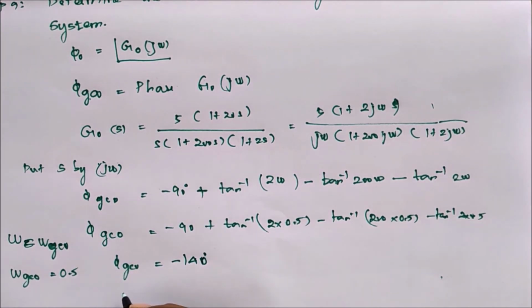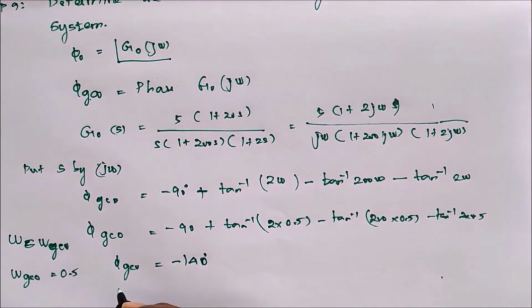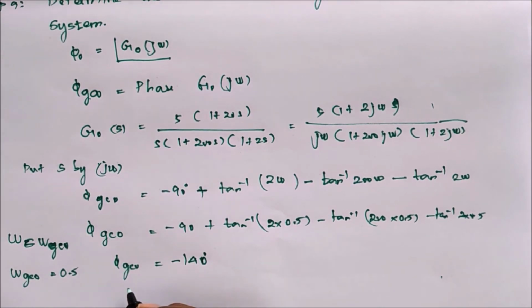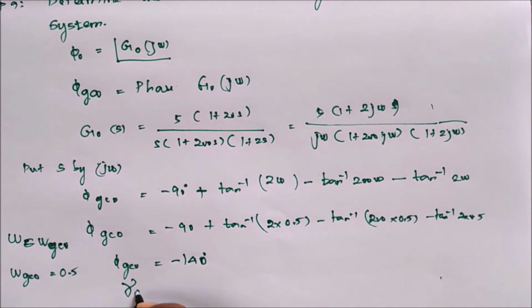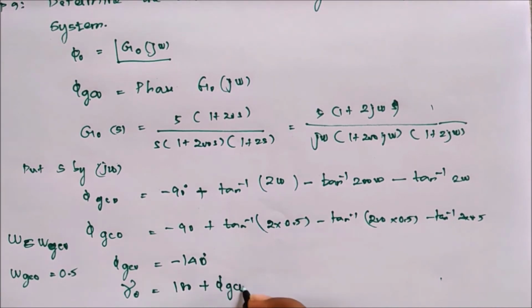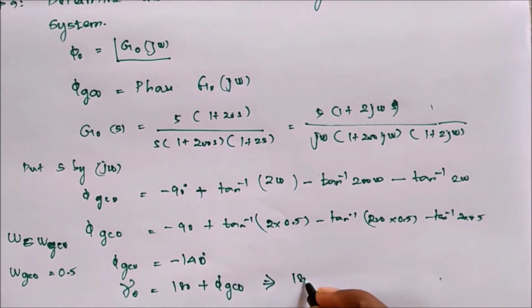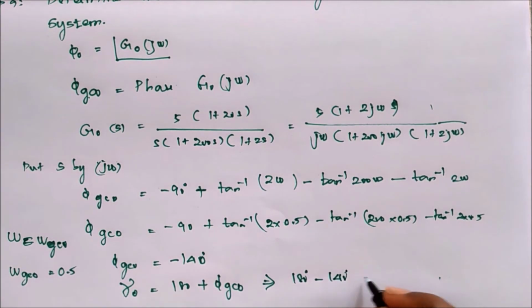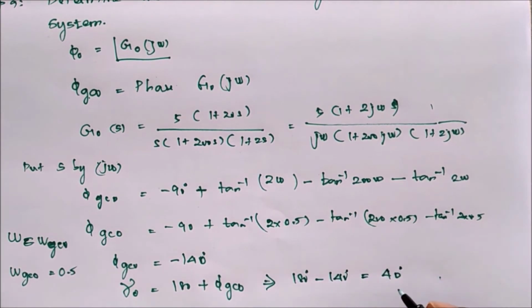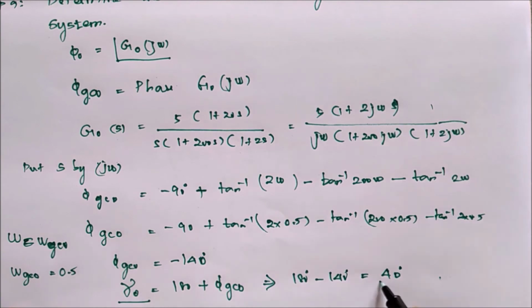If we calculate the phase margin of the open loop lag compensated system, gamma 0 equal to 180 plus phi gc 0 equal to 180 minus 140 equal to 40 degree. Therefore gamma naught, the phase margin of the lag compensated system, equals 40 degree.